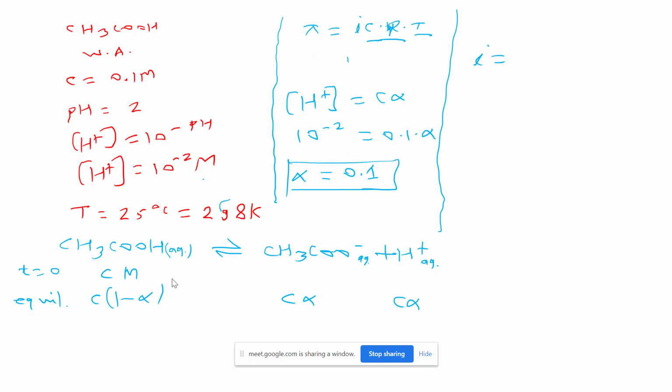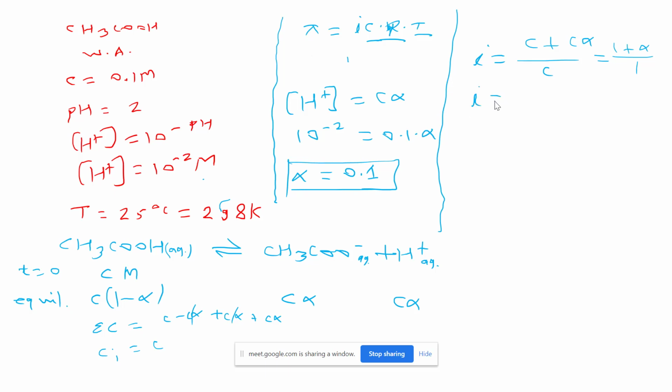Now how much concentration or moles of solute are there here? C minus C alpha, or we can say the total concentration at equilibrium is C minus C alpha plus C alpha plus C alpha, and the initial concentration is C. So how much do we get? This cancels out, giving C plus C alpha over C. So we get 1 plus alpha upon 1, or you can calculate the way we discussed before for i.